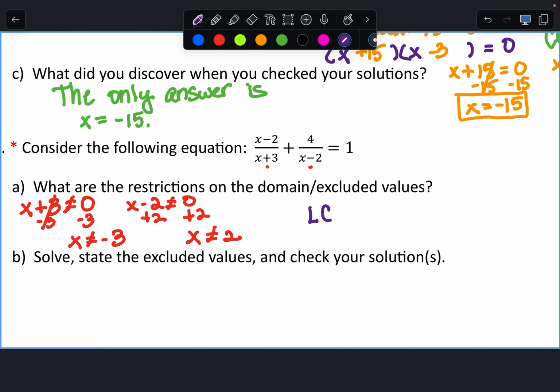I'm going to do it right here, even though they didn't ask. Okay, so the first thing I see in my denominator is this x plus 3. The next thing I see in my denominator is this x minus 2. That's my LCD. So what I'm going to do is write that LCD by each term.